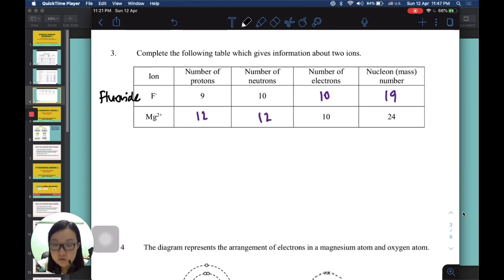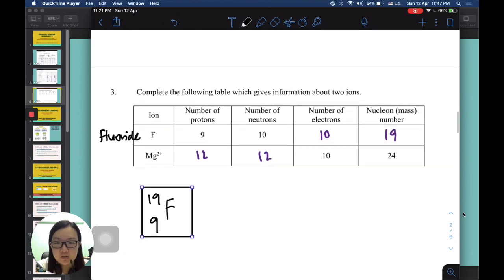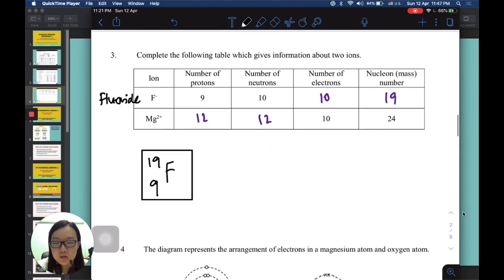For this question, it is really very easy. Basically, again, you need to go back to your good friend periodic table, take out the information that you can get from there. So for fluorine, you would know that the proton number is 9, mass number given is 19. So immediately you will know the proton number.